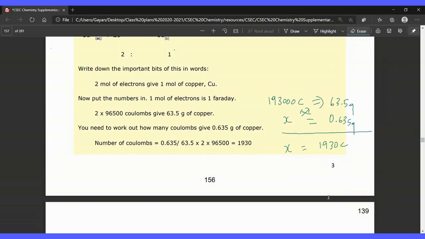This calculation that they did here, all I did is expand it for you so that you can see it better. This is how they got the 1930, right? They just did the shortcut, but I wanted you to see how they did it. So if you can figure out how many coulombs you need, then it's not difficult for you to find the time.